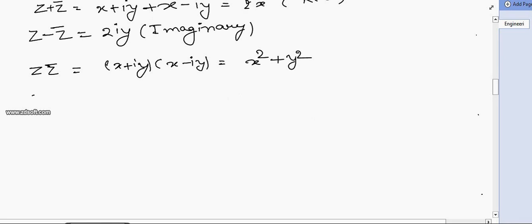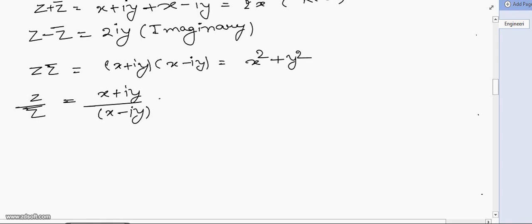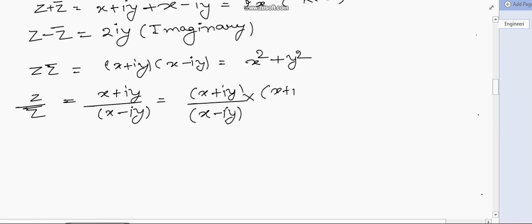And z upon z bar gives x plus iy upon x minus iy, which is equal to x plus iy upon x minus iy into x plus iy upon x plus iy.